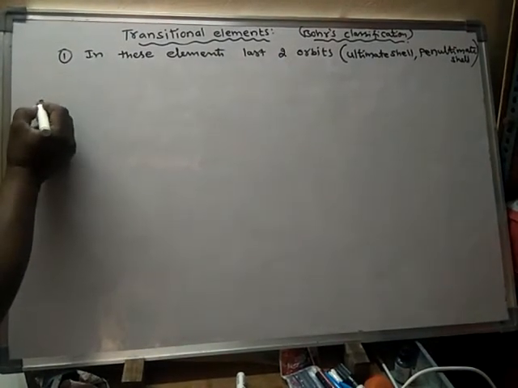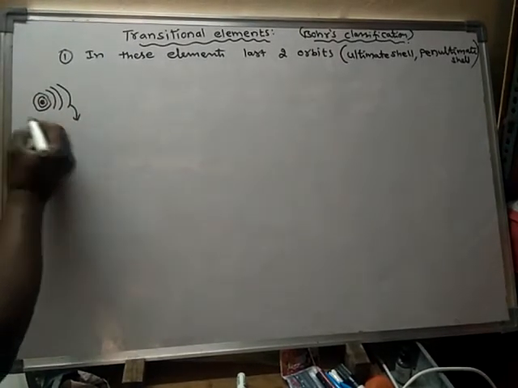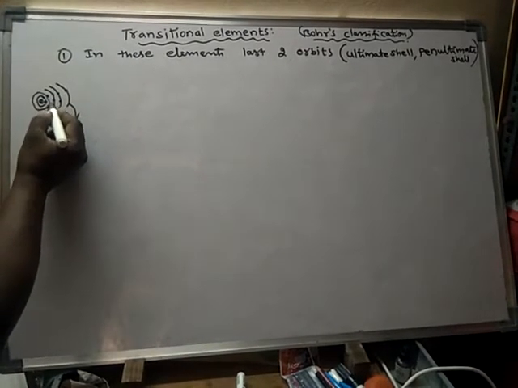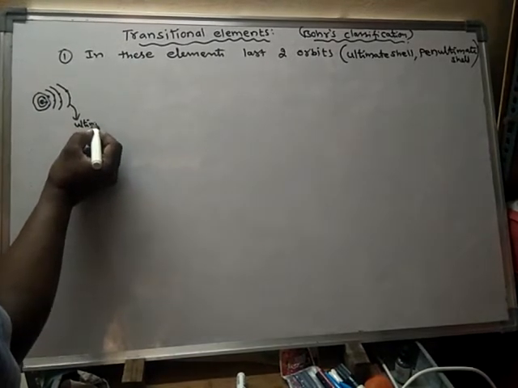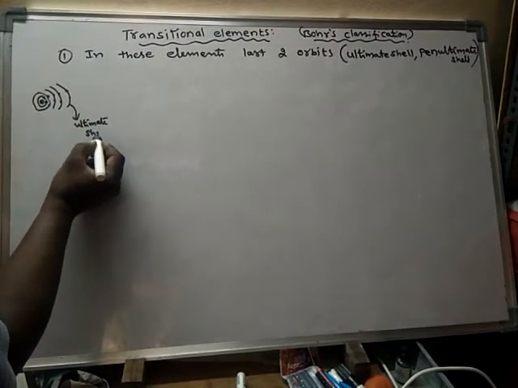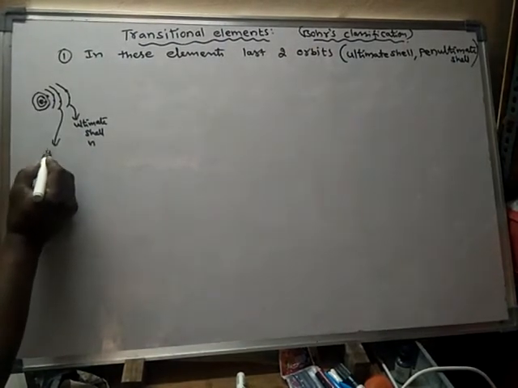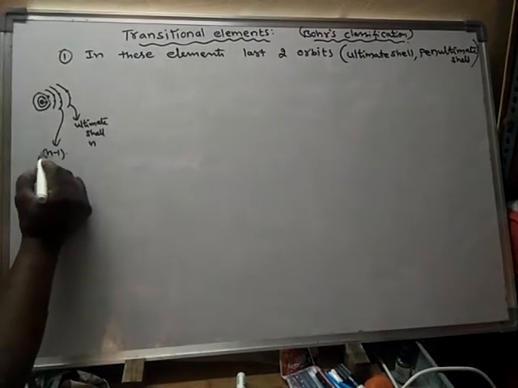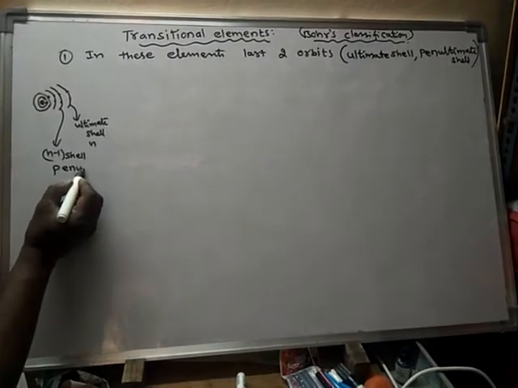Suppose this is the atom, this is the nucleus of the atom, and these are several orbits. If electrons are present here, then this is the ultimate shell, or n shell. This is the n minus 1 shell, or else it is called the penultimate shell.